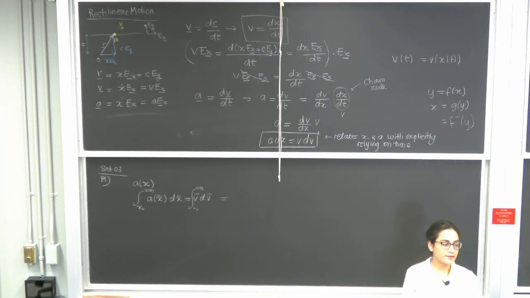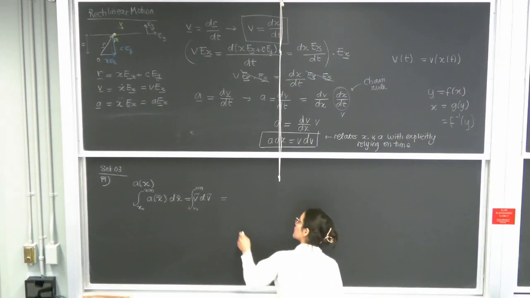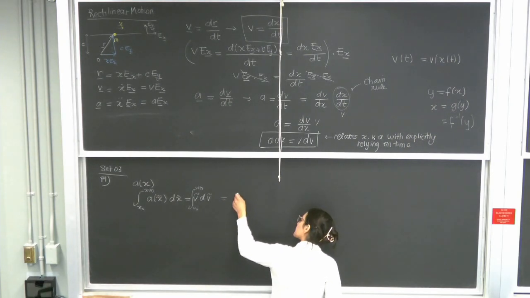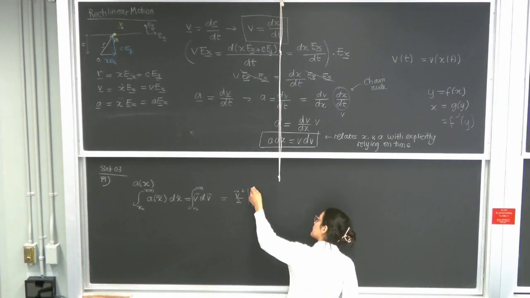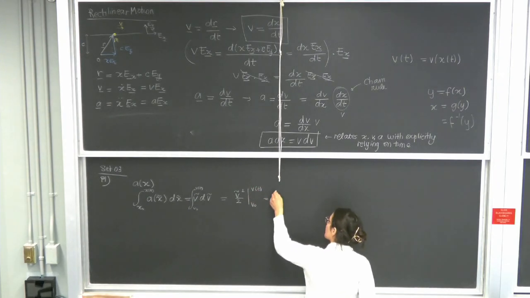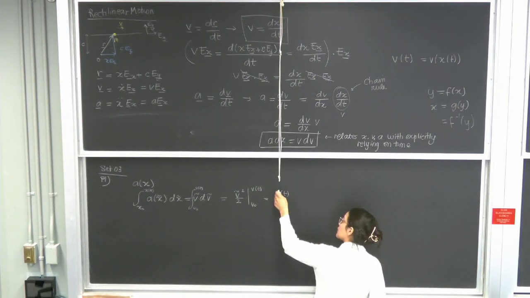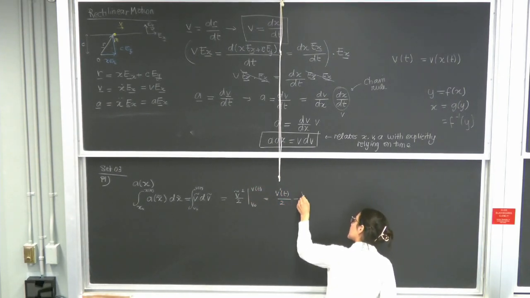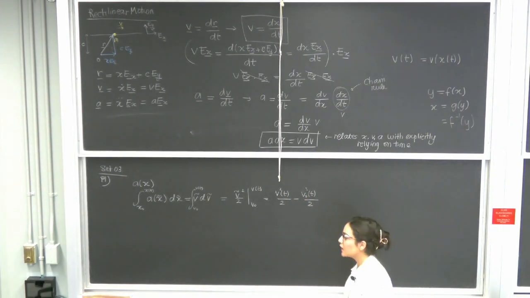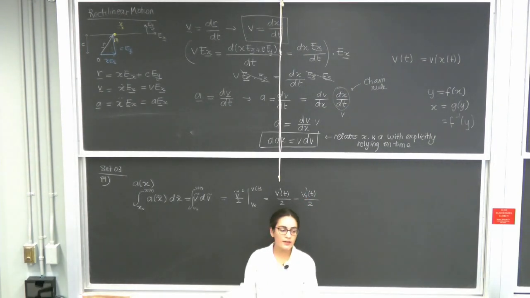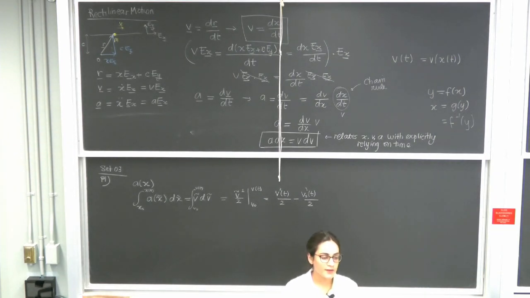What's the integral of this side? v dv, the same as the integral of x dx. Exactly, v squared over 2, between v0 and v at time t. So that's v of t squared over 2 minus v0 squared over 2. Now to integrate this side, I'll need to know a as a function of x explicitly.